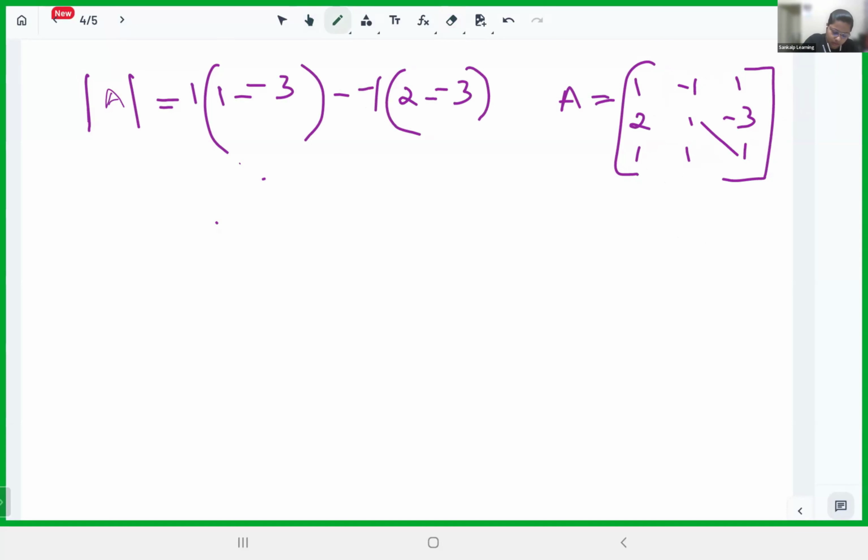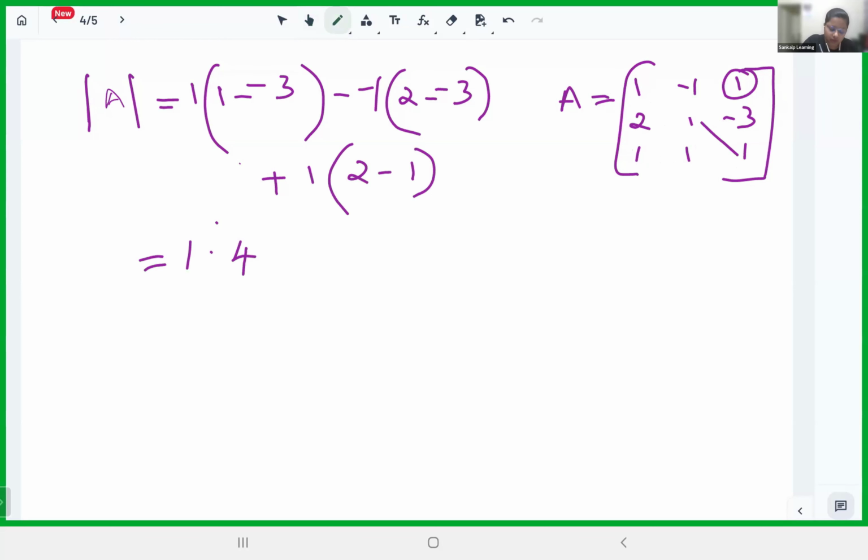Now, what about the third one? Third element is 1. So you have to delete the column and row containing that element. So what is remaining? 2, 1, 1, 1. So 2 into 1 is 2, minus 1 into 1 is 1, right? So this is equal to 1 into 2 minus 1. So that is equal to 1 into 1 plus 3. 1 plus 3 is 4.